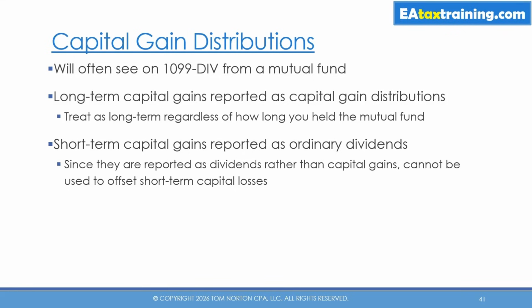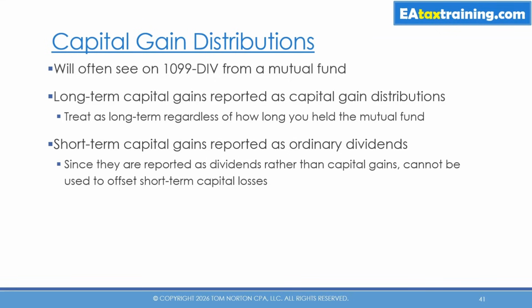So those are treated as long-term capital gains on your tax return. Even if you owned the mutual fund for less than a year, if the mutual fund is reporting those as long-term, you report them as long-term. Because what it means is that the mutual fund themselves held that security for more than a year. Therefore, it is a long-term capital gain.